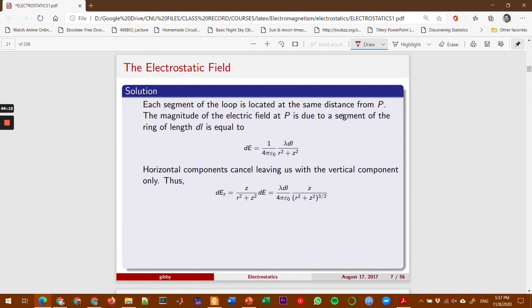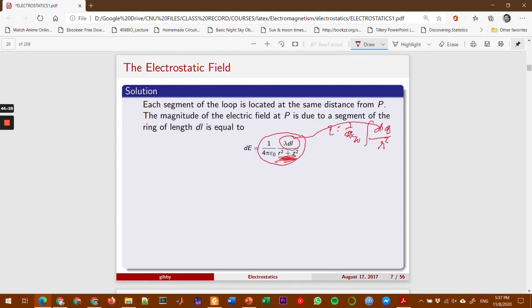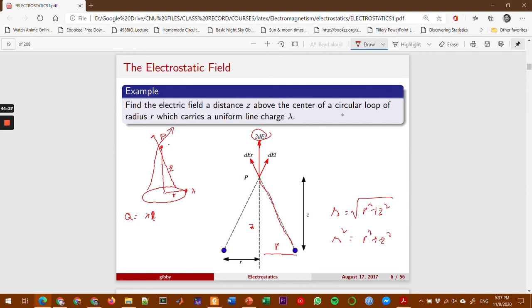So horizontal components cancel, leaving us with the vertical component only. So I have now dE, and this is the Z component. This is your theta. It's cosine theta for the Z component.